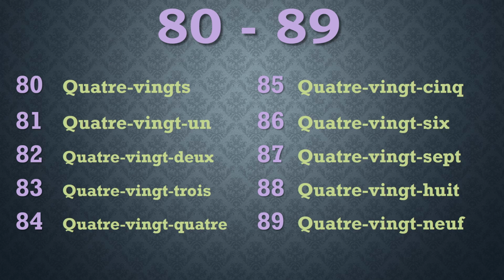So a couple of things here. You may notice that 81 ends in 1, but we're not including the word et, meaning and, like we do with numbers 21 through 71. So once we reach 80, we no longer include and for a number ending in 1. This means that 81, 91, and 101 do not include the word and.